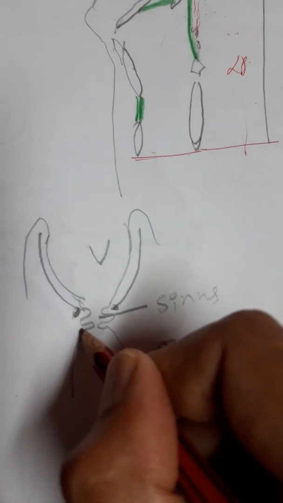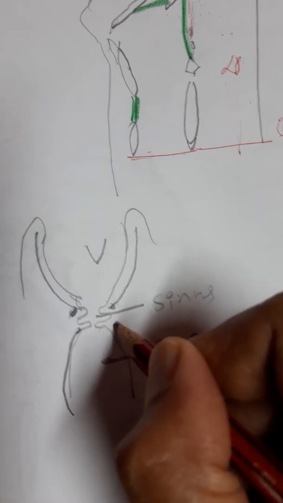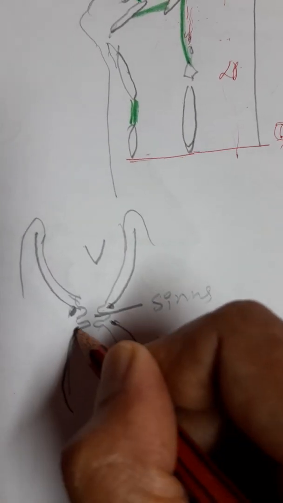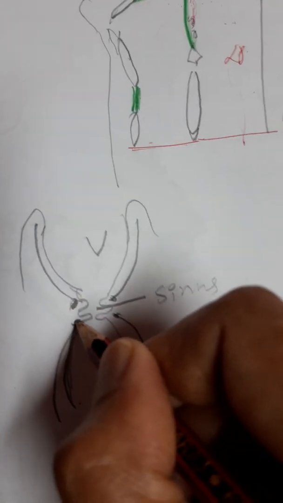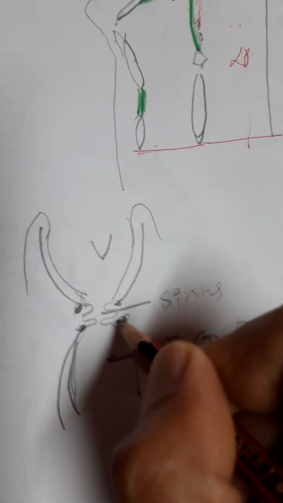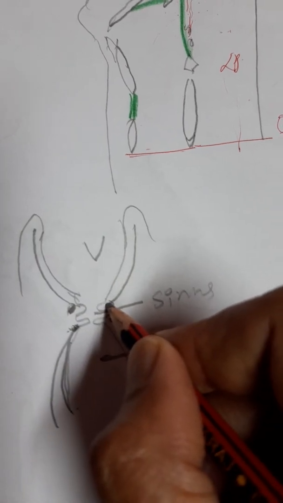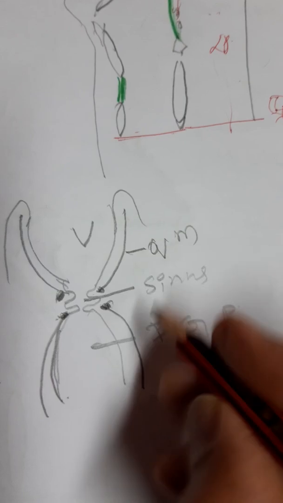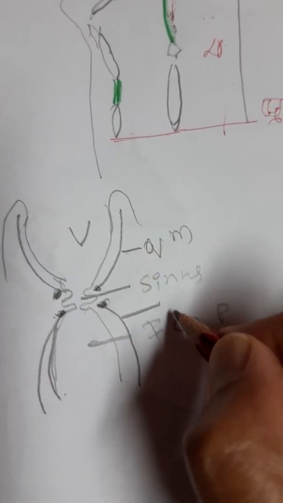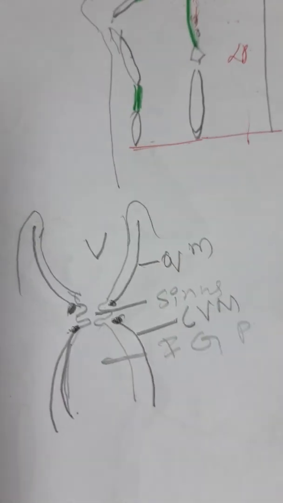Similarly, the vocal fold is created by the cricovocal membrane. I have put them as dots. This is the vocal ligament, this is the vestibular ligament. The vestibular ligament is formed by the quadrate membrane, and the vocal ligament is formed by the cricovocal membrane.